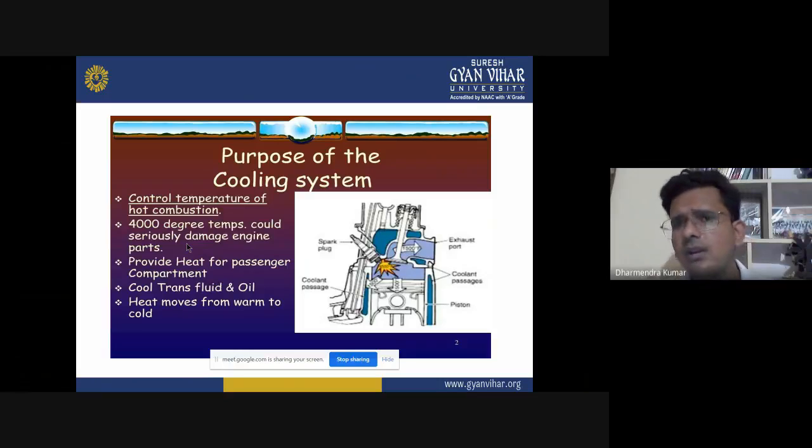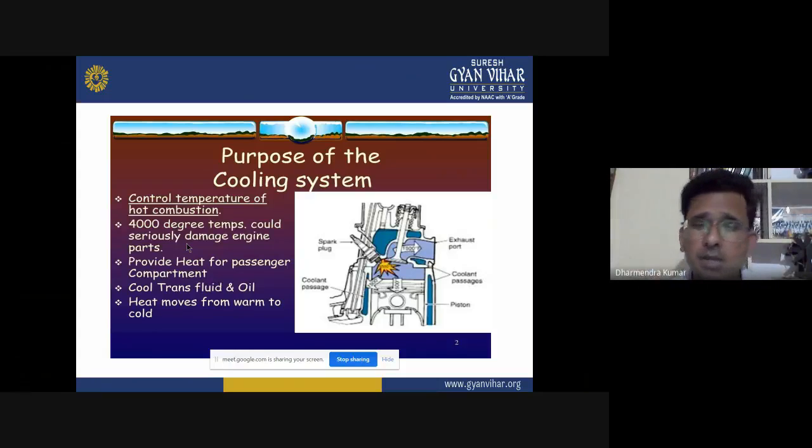Hot combustion here represents the rise of temperature around the cylinder during the combustion process, because when combustion takes place in the cylinder, the temperature rises from 2700 degrees Celsius to 4000 degrees Celsius.